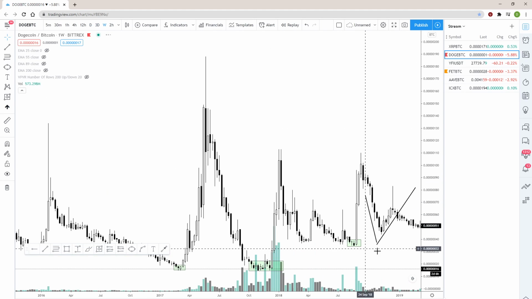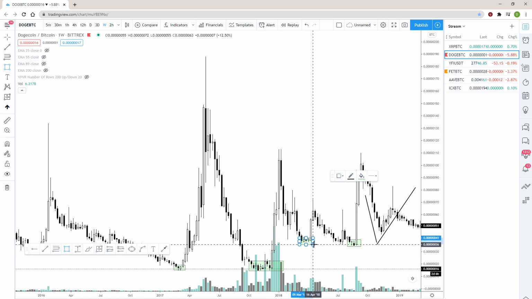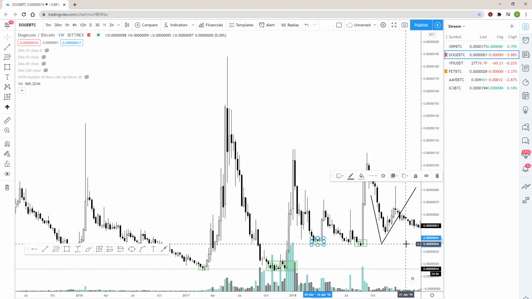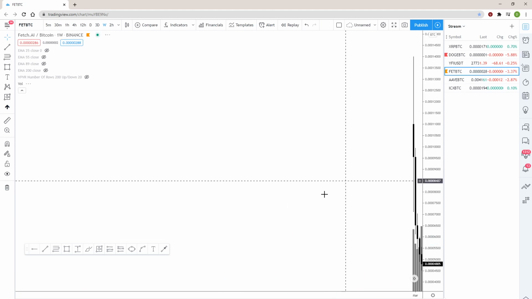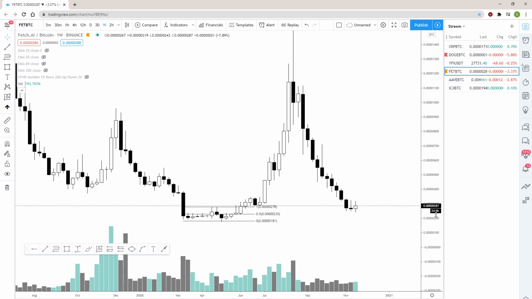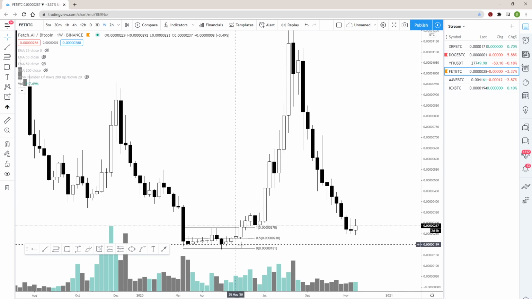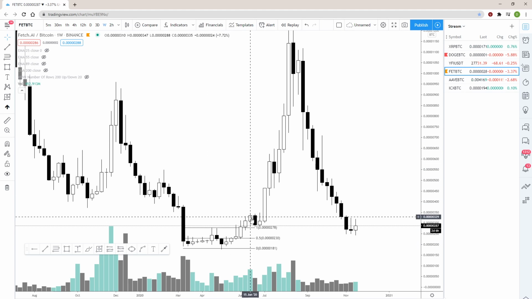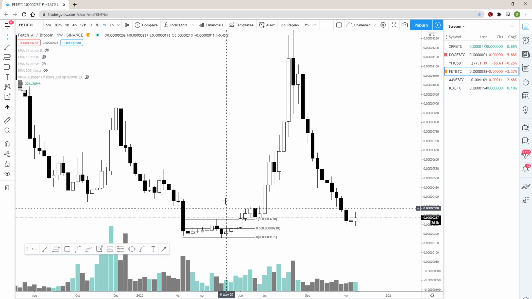Dogecoin had a few of these right here, where price bottomed out and ranged for a few days and then blitzed up. For FETBTC, this ranged in the same range for several months before just exploding up.